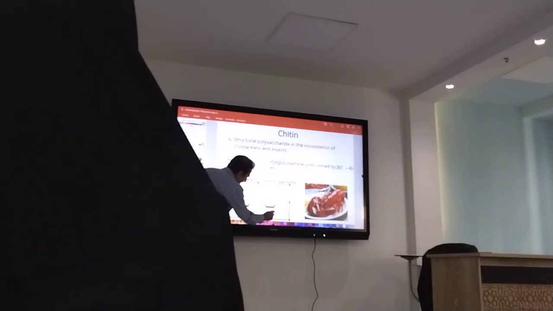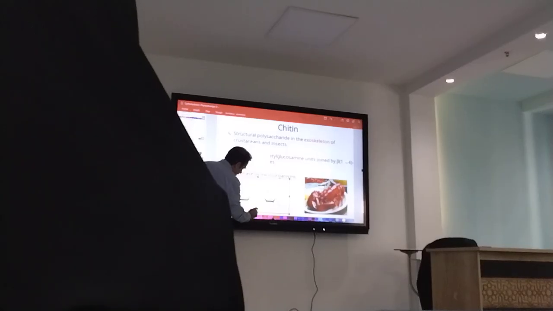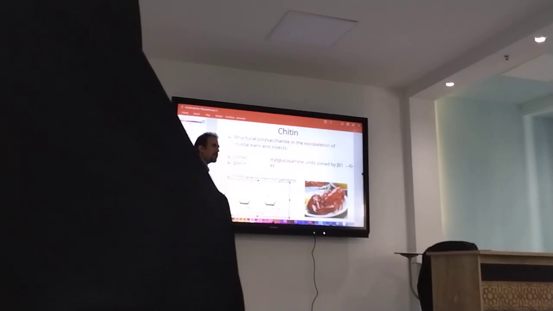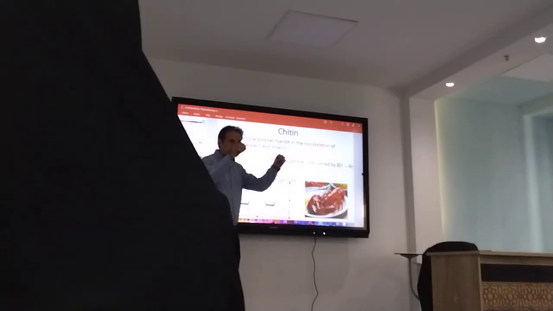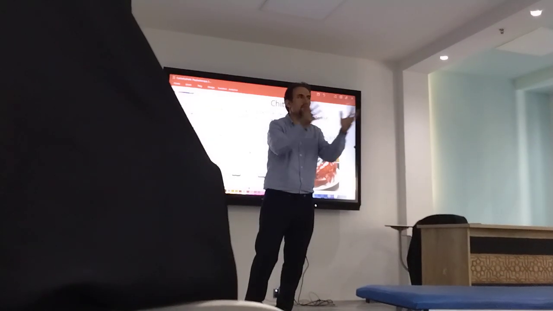The units have acetyl groups. This is acetyl. We call it N-acetyl because this is added to the amine group. It is called N-acetyl glucosamine, a polymer of this. It is a magic of nature. It can adjust something to something else and produce something new.